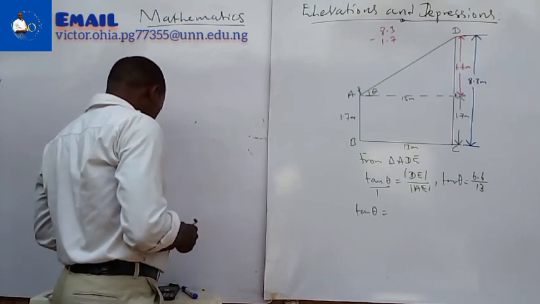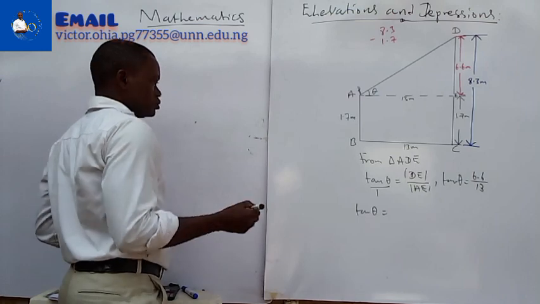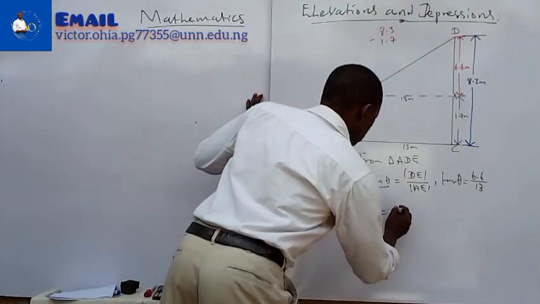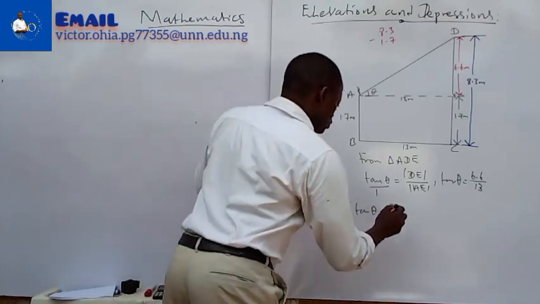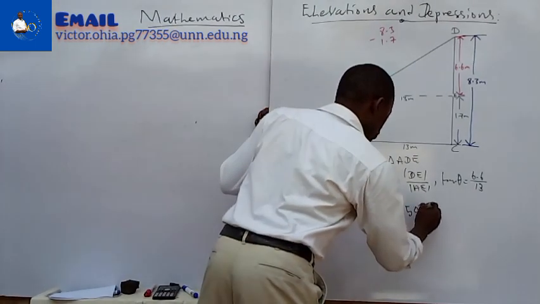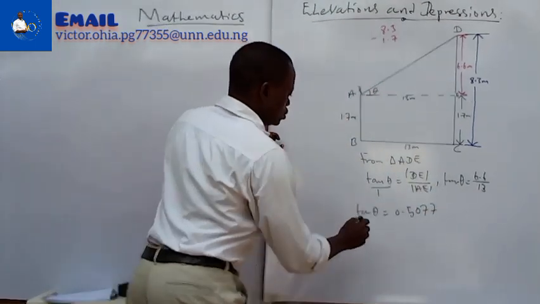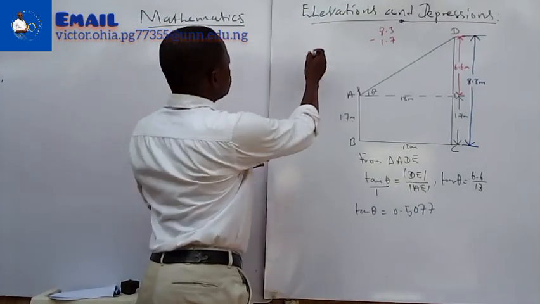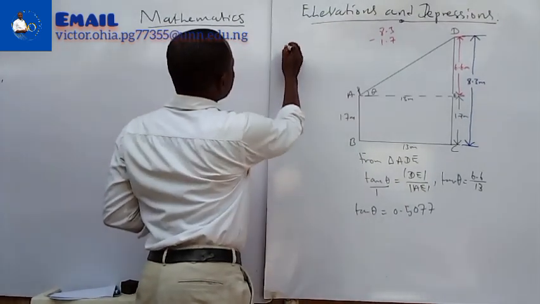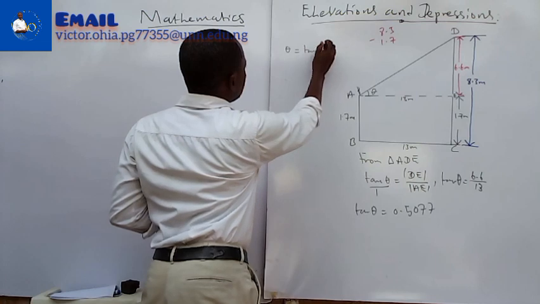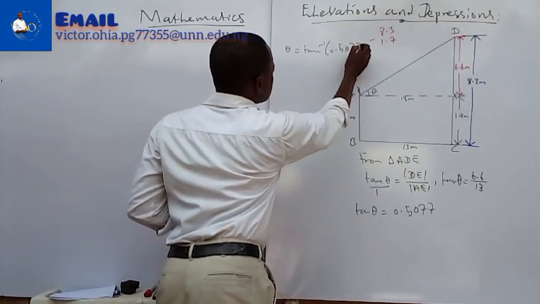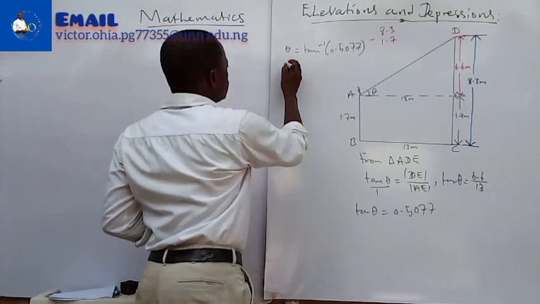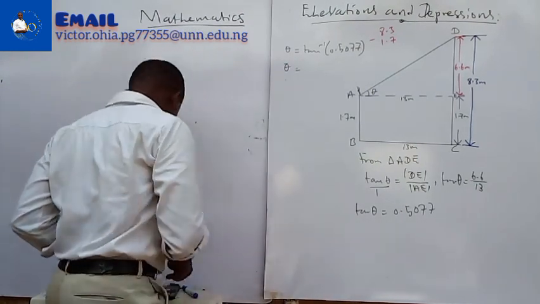That's 0.5077 approximately. So it then means I can just take my theta to be tan inverse of 0.5077. So I have my theta equal to that.